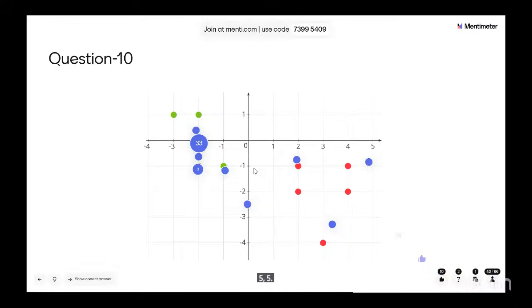Red color. The red cluster maybe. Okay. Everyone agrees with red cluster? Yes, ma'am. Okay, great. Yeah, that is right.